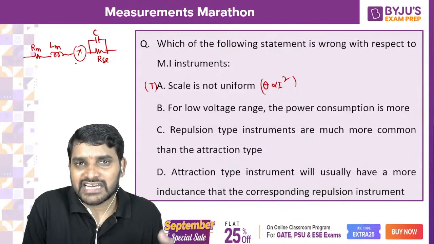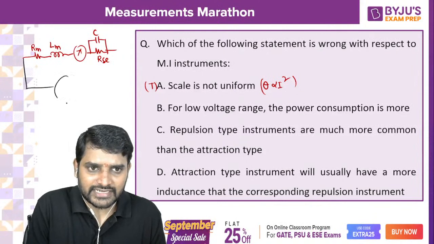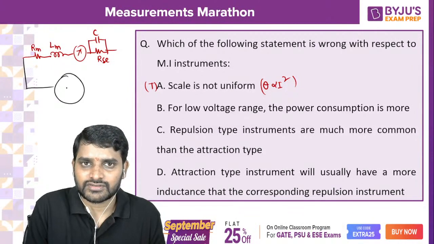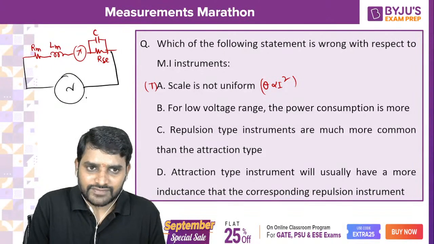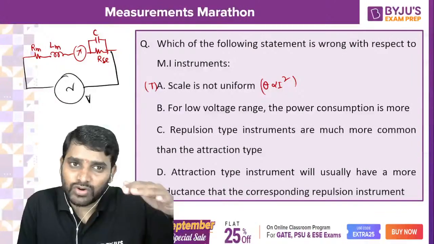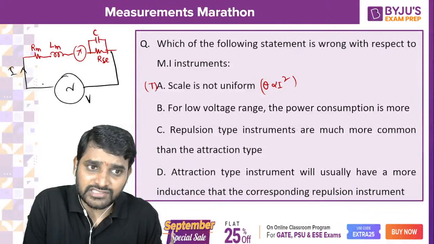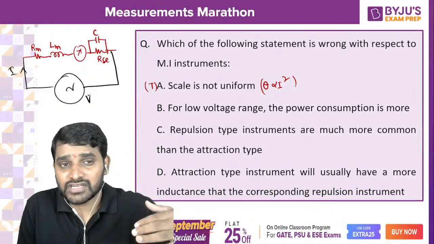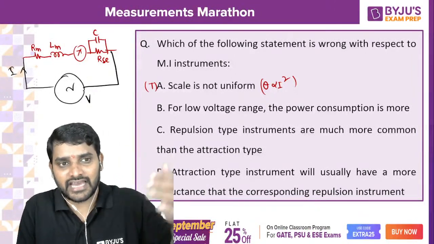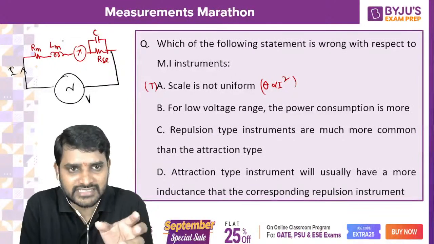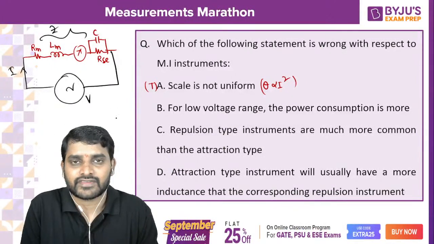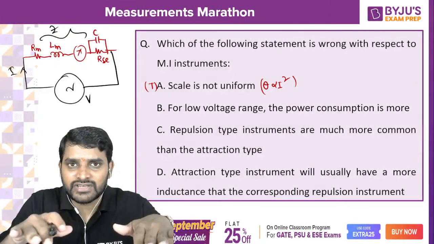If you want to measure a large voltage, definitely you have to connect across the large voltage only, no? If the voltage applied across the meter is low, the current flowing through the meter is also low. If the voltage applied is high, the current is also high, because the impedance of the meter is going to be constant.